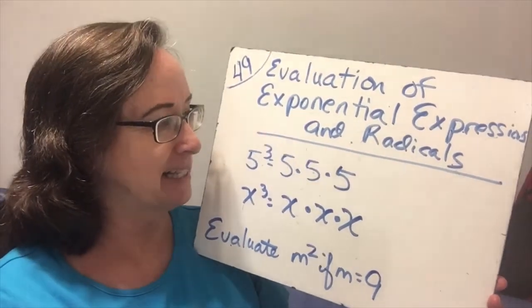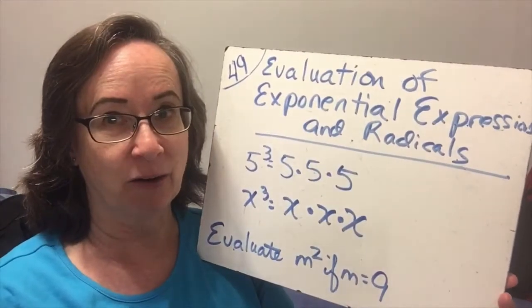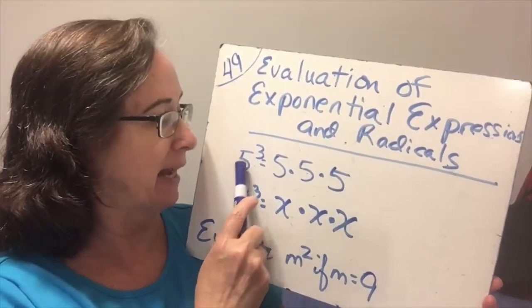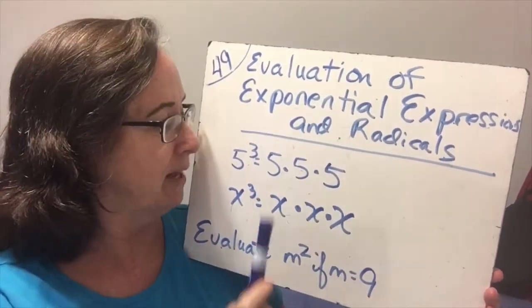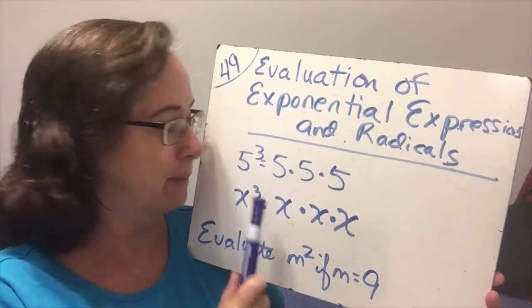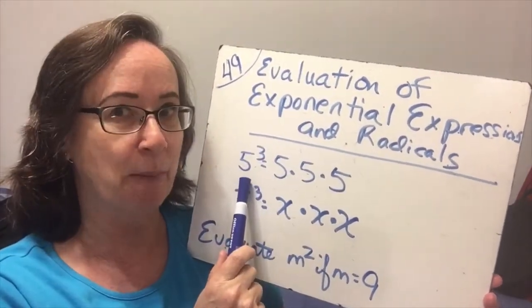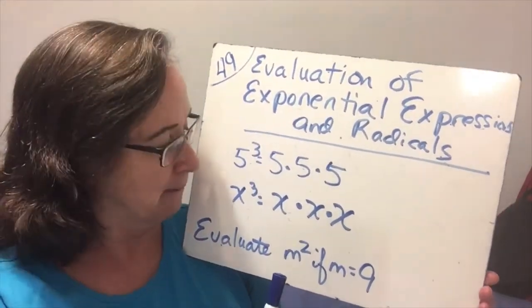And today, since we're doing exponential expressions and evaluation, we're going to have a little review of exponents. Remember that 5 cubed is 5 times 5 times 5, because the 3 is the exponent and the 5 is the base. And it means that we're going to take the base and multiply it by itself that many times, 3 times.